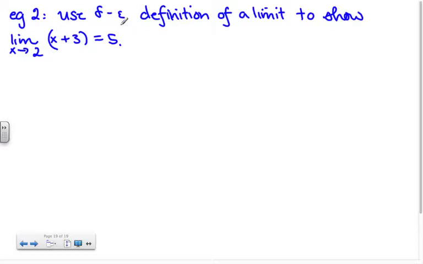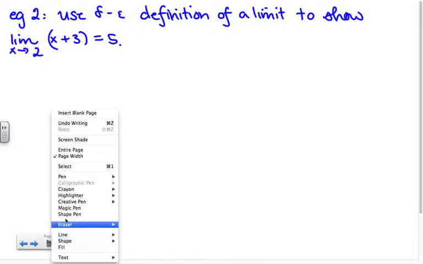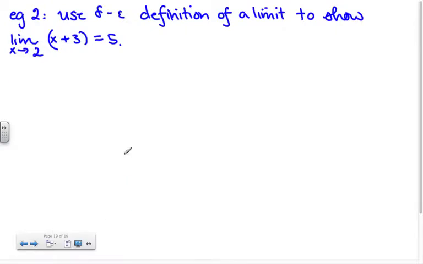Now we need to set this up. So for a solution in this situation, the first thing we want to do is set up the idea of f of x minus L. We want to set this portion of the limit up first.